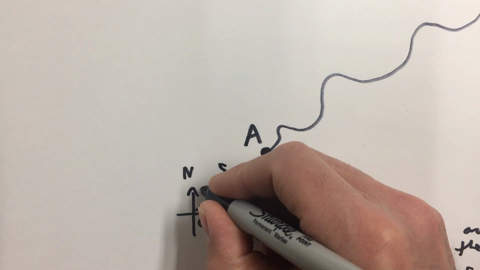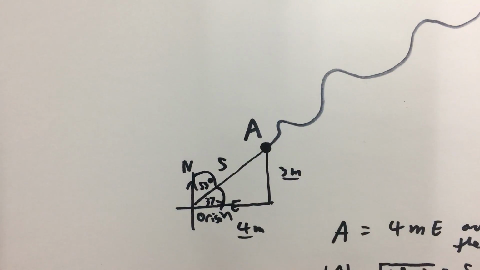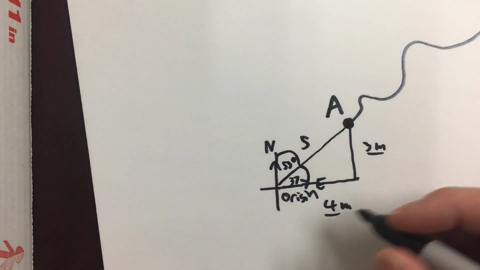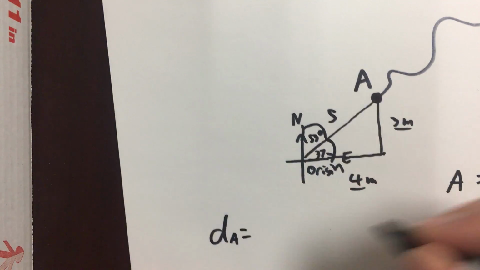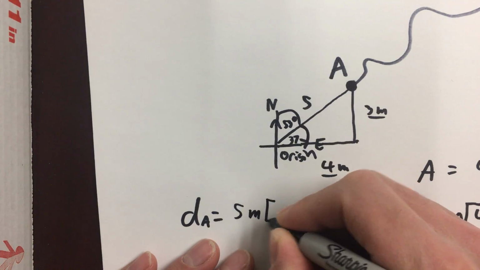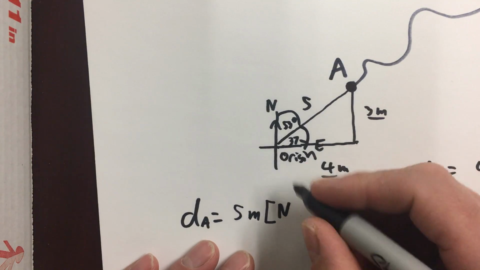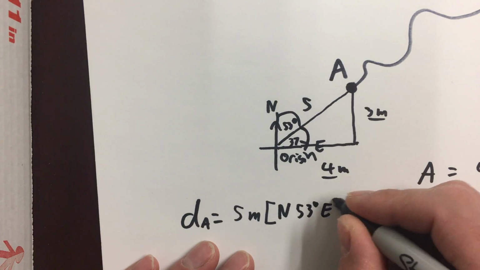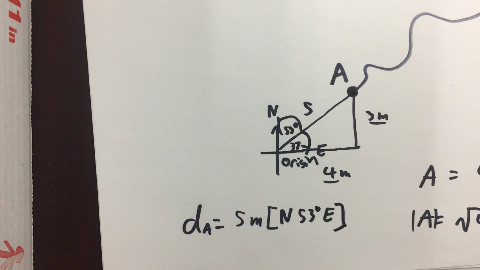That would make the angle up here about 53 degrees. So the position that the snake started at, position A, and we use the letter D to denote it, is 5 meters. If you start out north and rotate 53 degrees towards the east, that's position A. That's where the snake started.